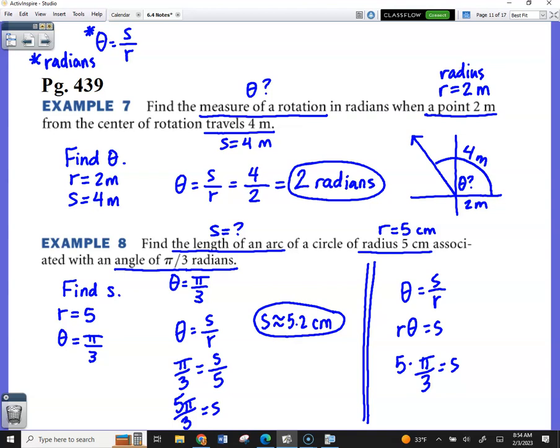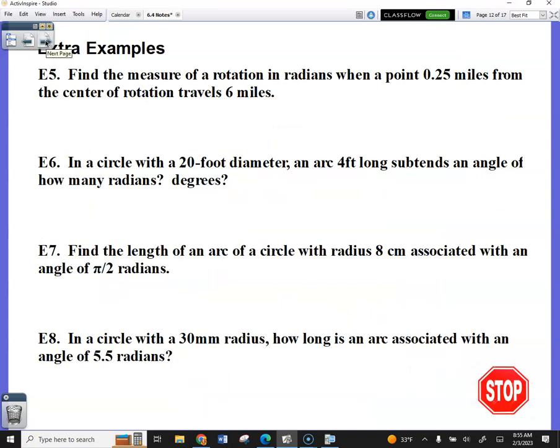Let's see if you get it right. If you still are struggling with this, it's okay. It's only the 3rd example. College pre-calc, give yourself a break. I am going to copy the formula because I'm on a different slide. We have theta equals S over R. Just remember theta needs to be in radians.